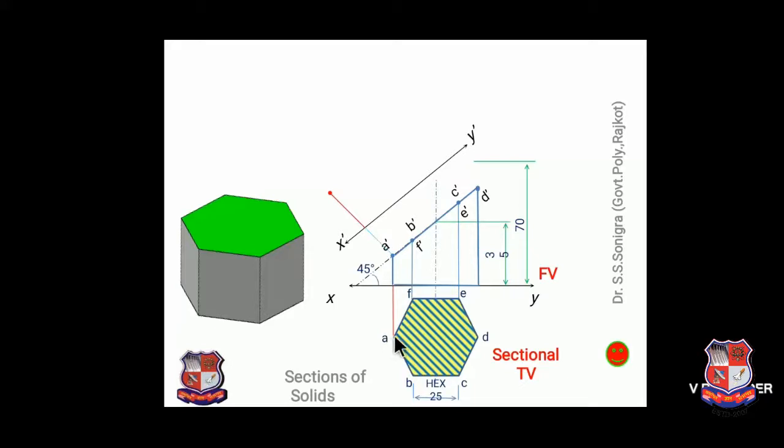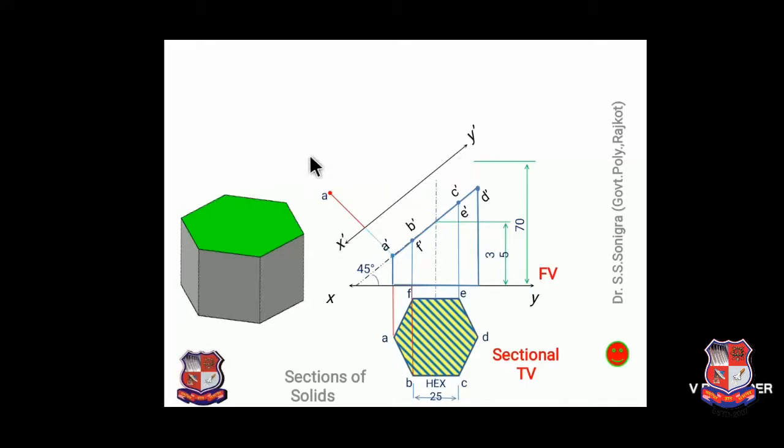Take this distance as a radius, this point as a center, draw an arc, and here is point A. I repeat, measure the distance from the XY line to point A, take this distance as a radius, this point on the x dash y dash line as a center and draw an arc. So this distance and this distance are the same, and locate point A.